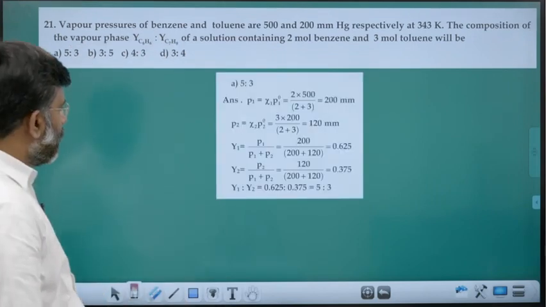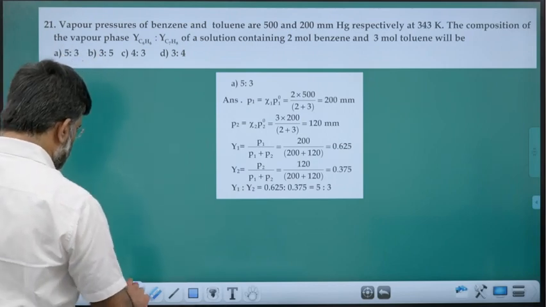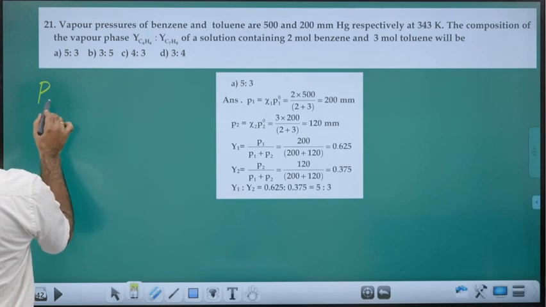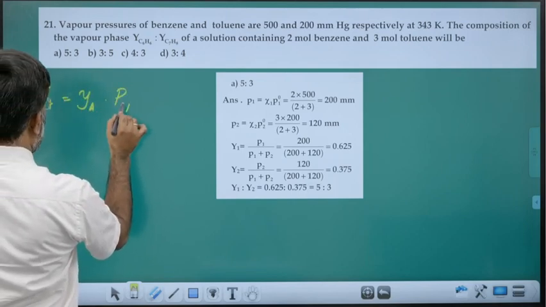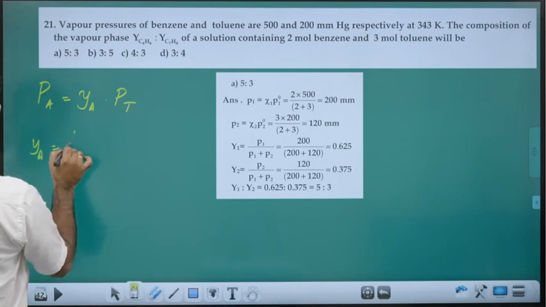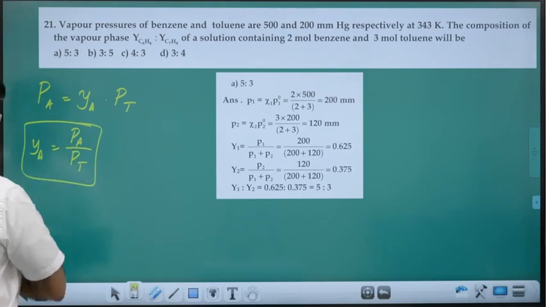How do you get Y1 or Y? What is the equation for Y? You know, PA is equal to YA into P total. Therefore, YA is equal to PA by P total. Keep this in your mind.